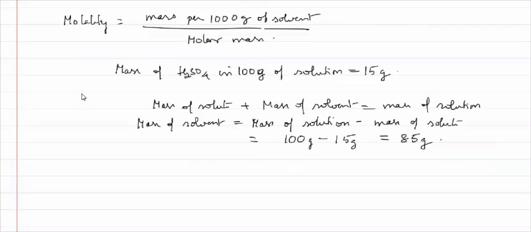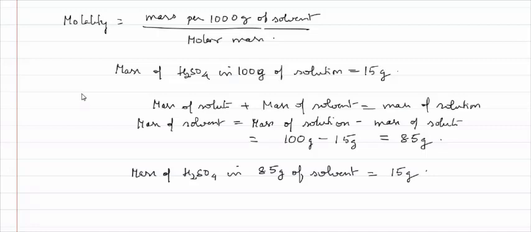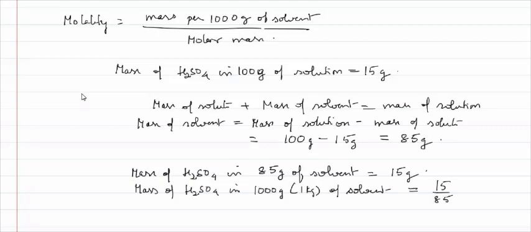So mass of sulfuric acid in 85 grams of solvent is equal to 15 grams. We want mass per kg of the solvent. So mass of sulfuric acid in 1 kg of the solvent or 1000 grams of the solvent, which is equal to 15 divided by 85 into 1000, which is equal to 176.47 grams per kg.